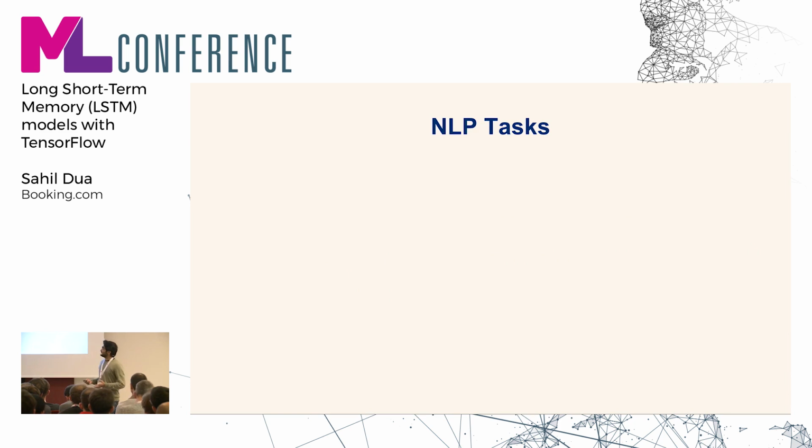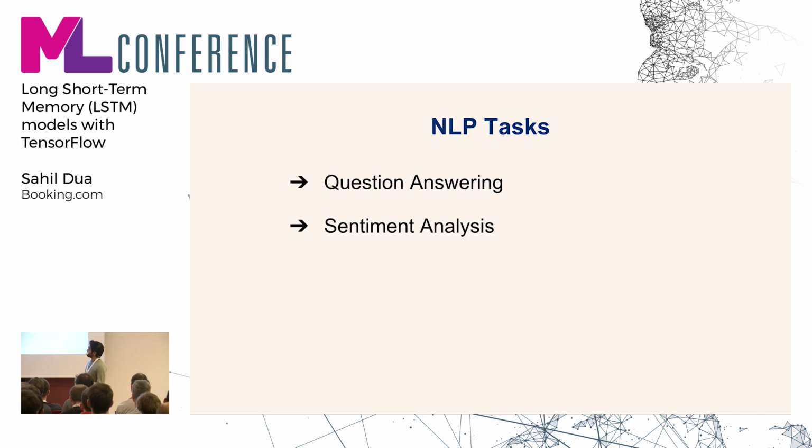So some of the tasks related to natural language processing that we have are like question answering. Like you have your bots, Alexa, Cortana, or Google Assistants. All these take your question and try to answer based on something or try to do some action based on the text that you send. Another one is sentiment analysis, which means trying to predict the emotional tone of the text that you have.